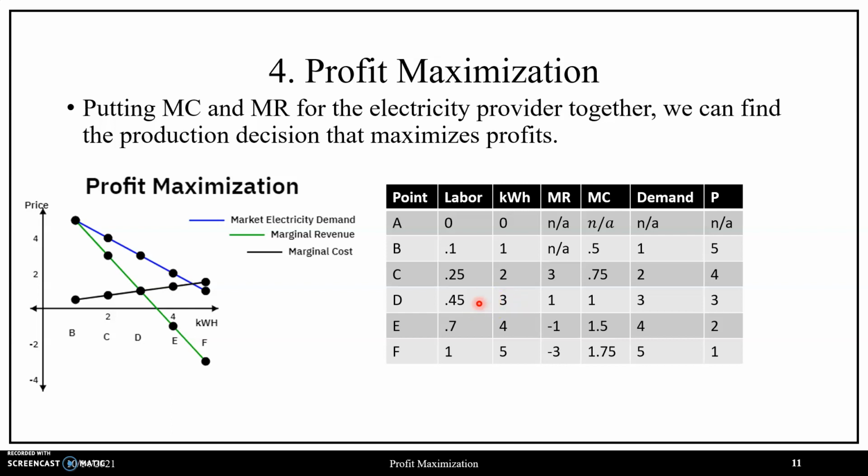And since they are a price maker and they use the market demand curve for the pricing decision, when households demand 3 units of electricity in kilowatt hours, the corresponding price point is how they will price their goods and services. On the market demand curve, when households are demanding 3 units of electricity in kilowatt hours, it will be at the price point of 3. So the monopolist is charging a price point of $3 as a result.